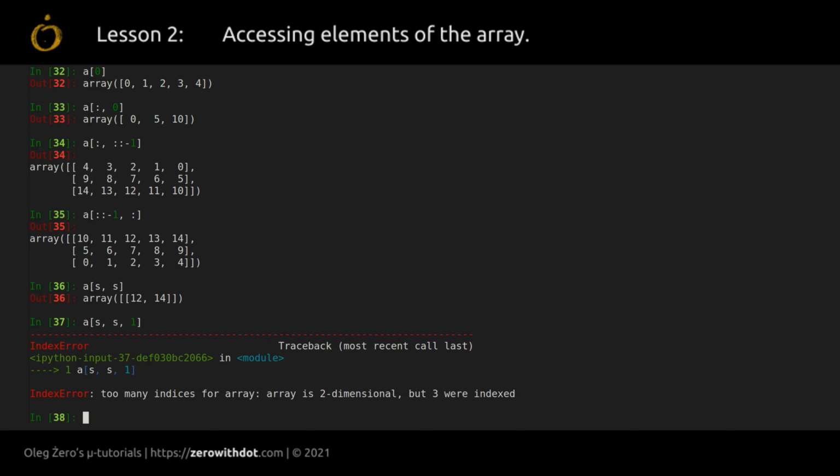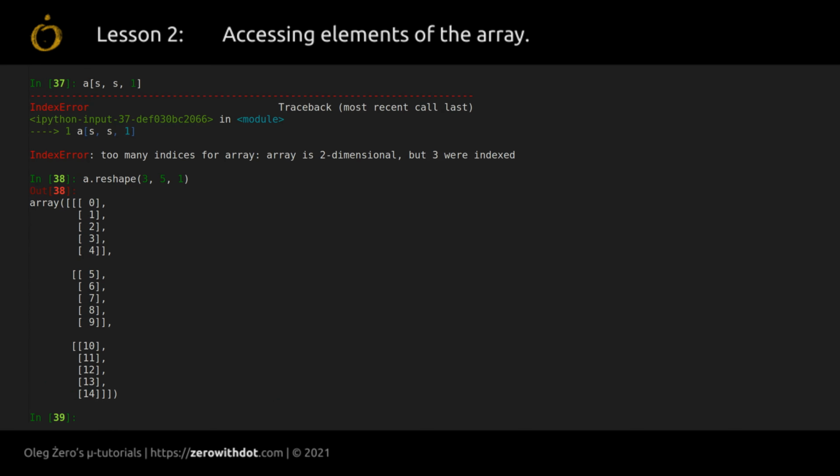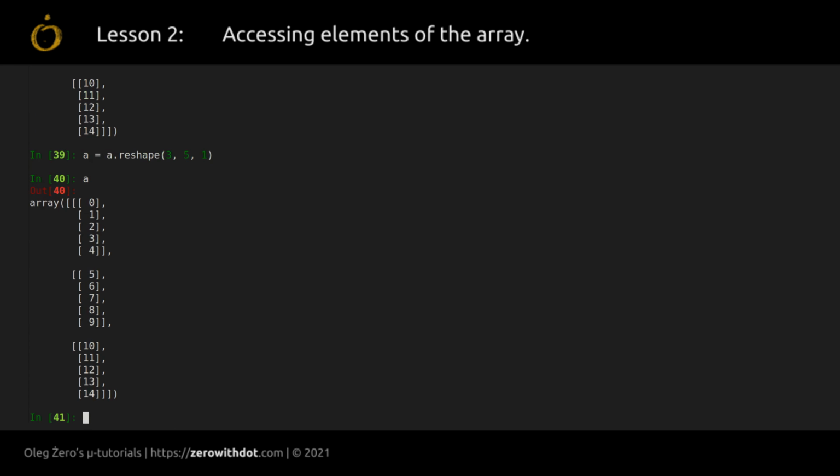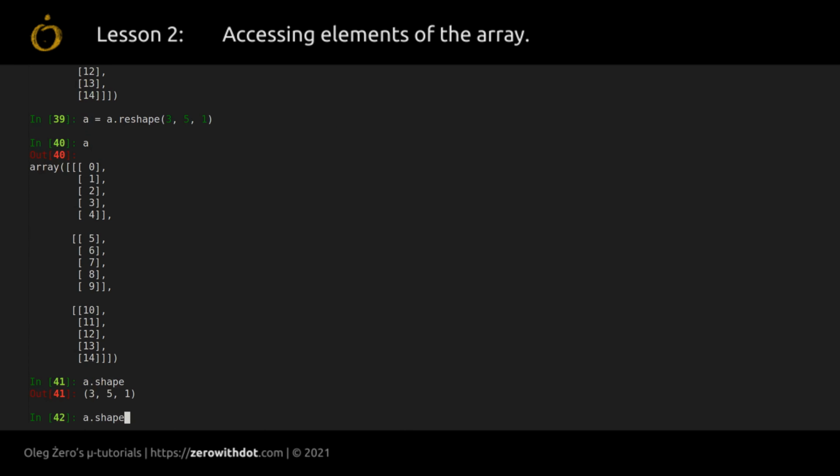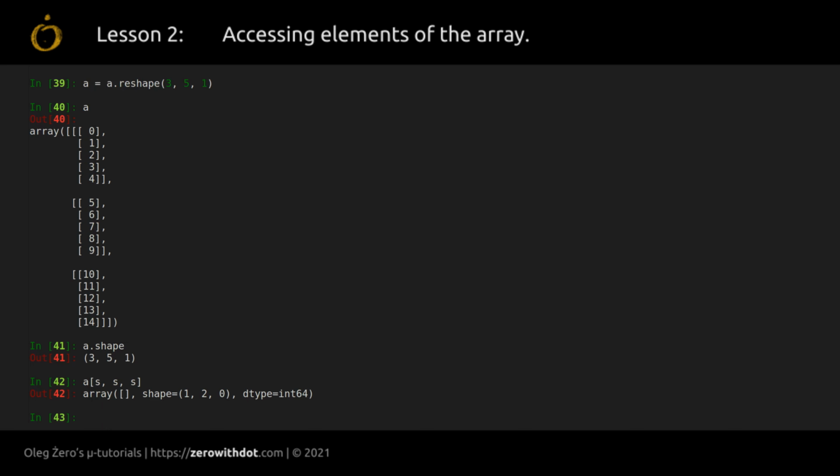However, if we do a reshape and now do 3 by 5 by 1, now our array is actually 3-dimensional, despite that it has the same amount of elements. And if we try to access all of its dimensions, it will work.